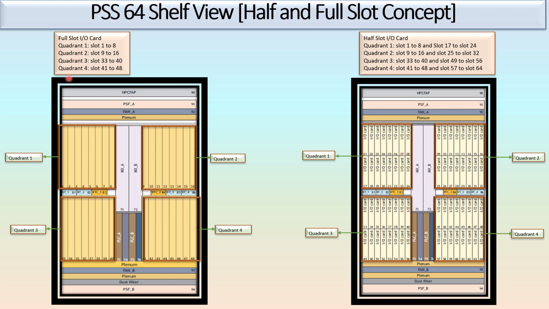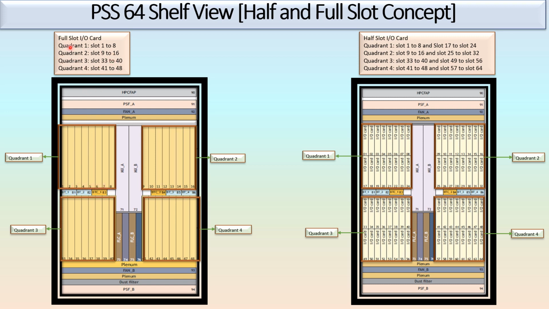So if the full slot is used for any circuit pack or any traffic card or any photonic module, then the numbering of the slot is from slot 1 to 8. You can see here, this is the full slot input output card. In quadrant 1, the numbering is slot 1, 2, 3, 4, 5, 6, 7, 8.